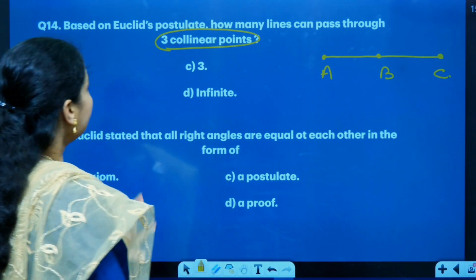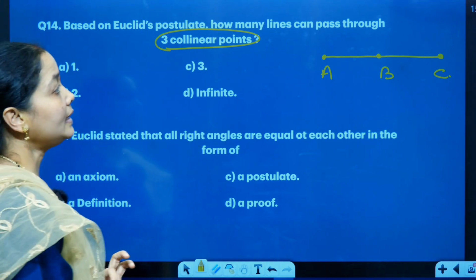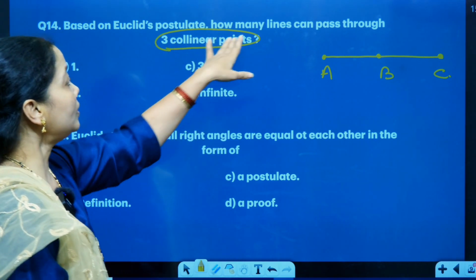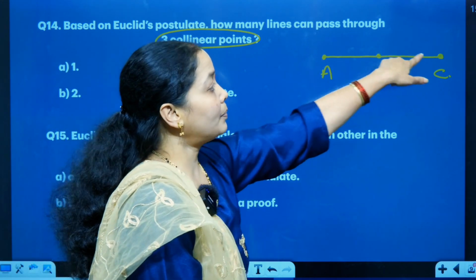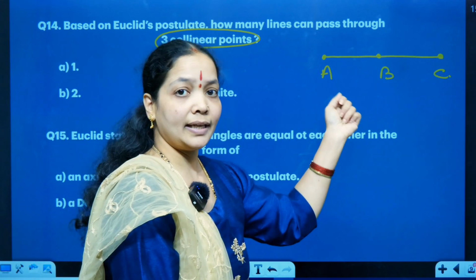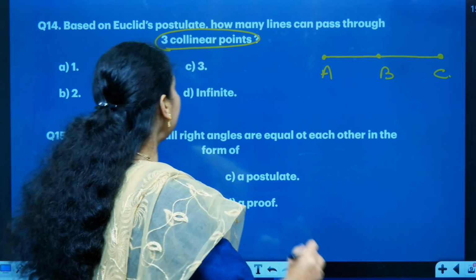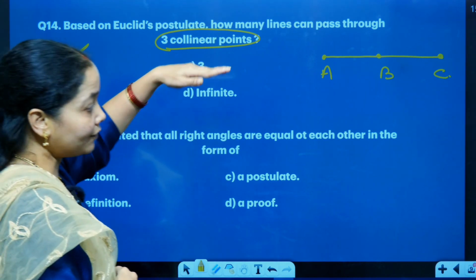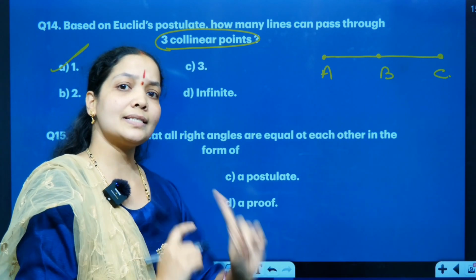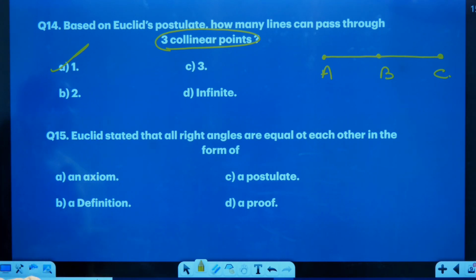Now the question is asking me, based on Euclid's postulate, how many lines can pass through 3 collinear points? See, if I have to mark all these points together and frame a line, obviously there will be only one line that can pass through 3 collinear points. So my answer will be 1, because if they have to stand in a straight line, only one single line can be formed, and hence the answer will be A.